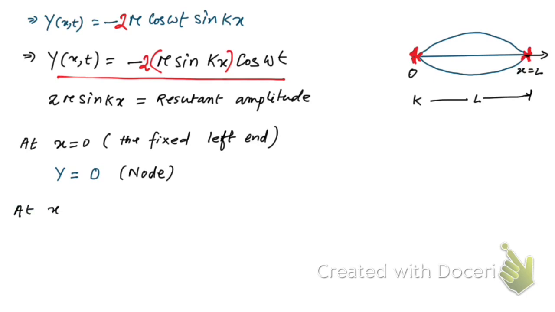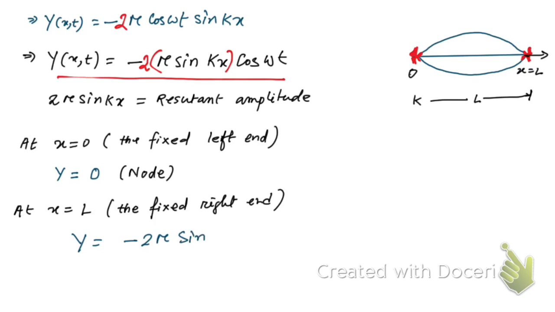At x is equal to L, that means the right fixed end, here we get y is equal to minus 2r sine kL cos omega t, right?